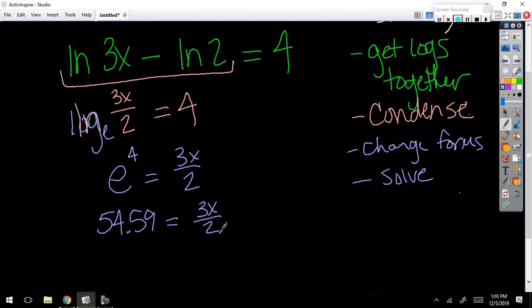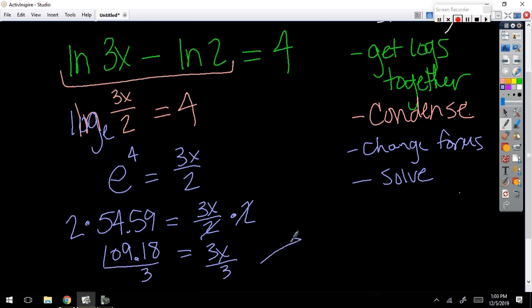You can divide by 3 and then multiply by 2, or multiply by 2 and then divide by 3. Any of those scenarios. If it was me, I would do this, and then I would divide by 3.